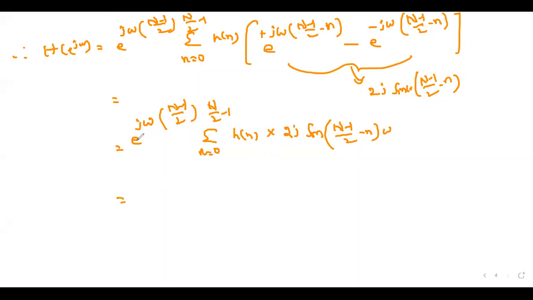Here j I will take out, and also I will write j is equal to e power j pi by 2, because j is equal to e power j pi by 2.